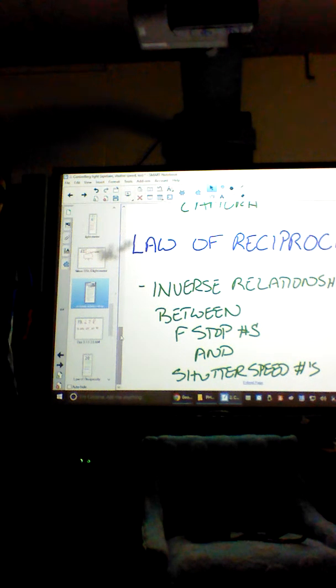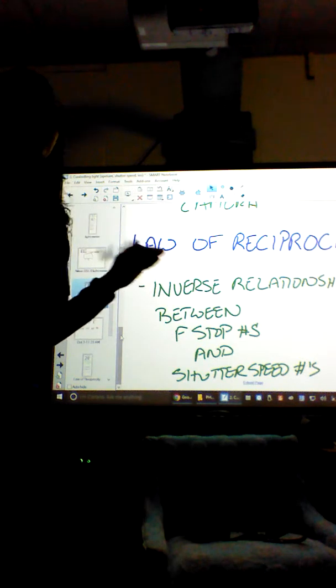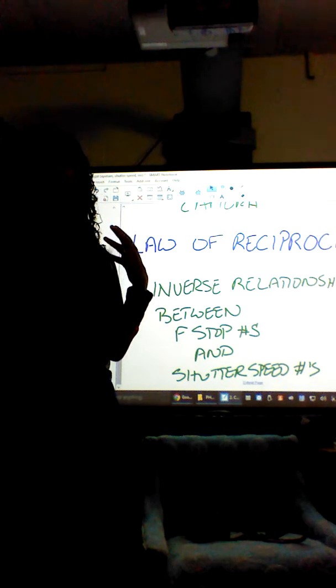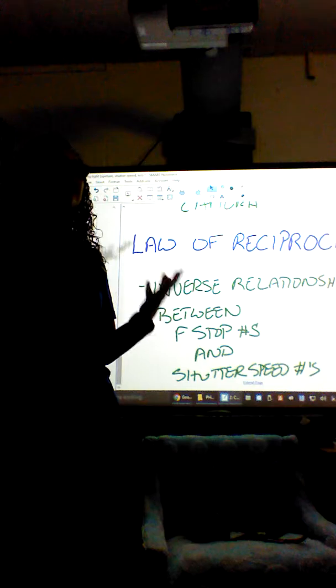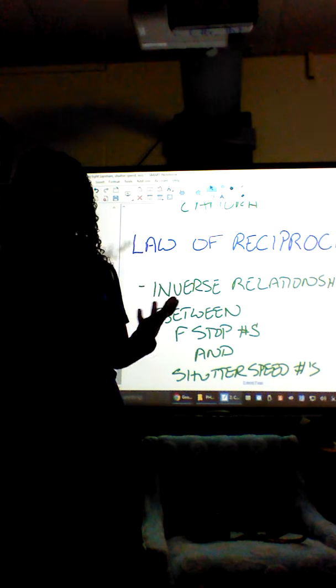When we go outside to start shooting, I'm going to give you guys a preset for starting. So if we go outside, for example, on a day like today and it's sunny out, I'm going to give you a starting point because I don't want you to be overwhelmed like, oh my gosh, where do I even begin to choose my f-stop and shutter speed?